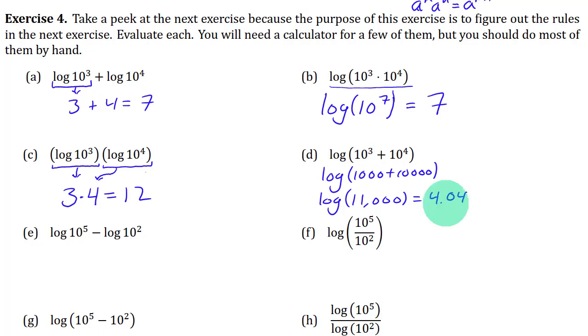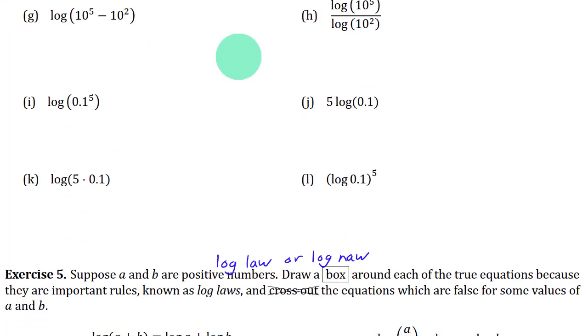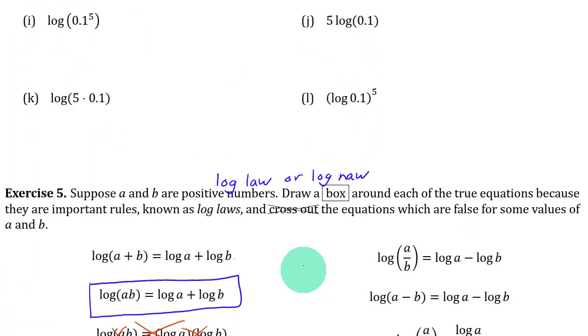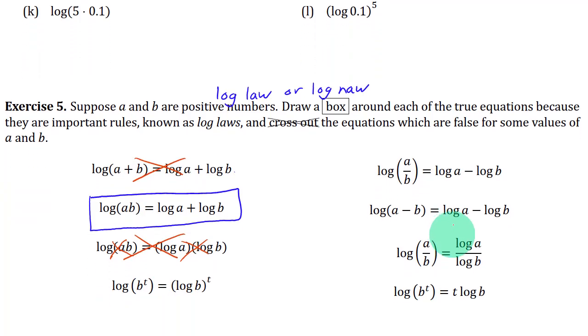And that is not the same as the result from B or the result from A or the result from C. So anything that has the parts of the logarithm being added together doesn't look like it turns into any of these other nice things that you might want. So that means this one is log gnaw.